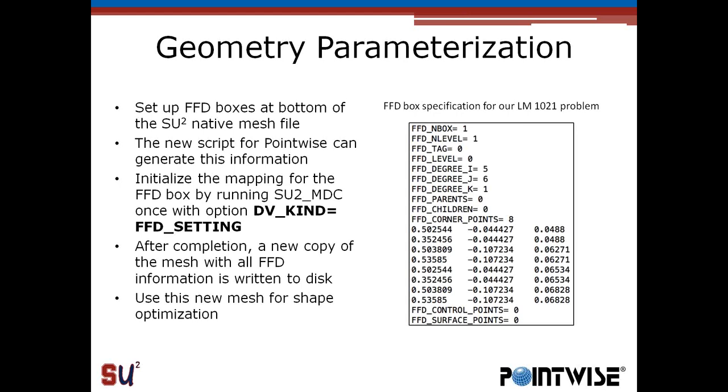We need to initialize the mapping that I mentioned on the last slide by running the SU2 MDC tool one time with the configuration option DV_KIND equals FFD setting. That's going to compute this mapping for you and write a new copy of the SU2 mesh with all of the FFD information inside of it. We're going to write that to disk, and this is the new mesh that you're going to want to use from that point forward during the shape optimization process.